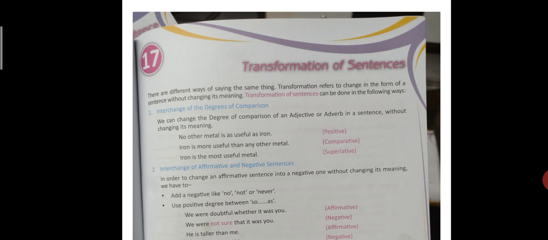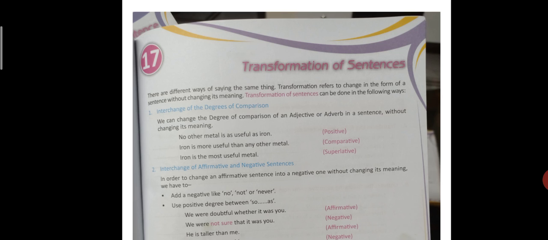So I will be telling you, it is written, there are different ways of saying the same thing. So there are different ways we can say a thing. Transformation refers to change in the form of a sentence without changing its meaning. What do you mean by transformation?